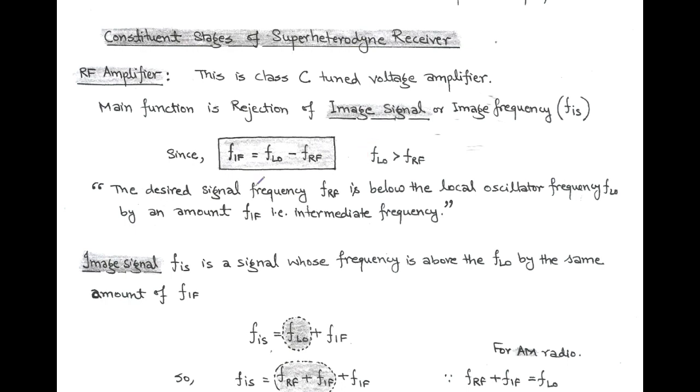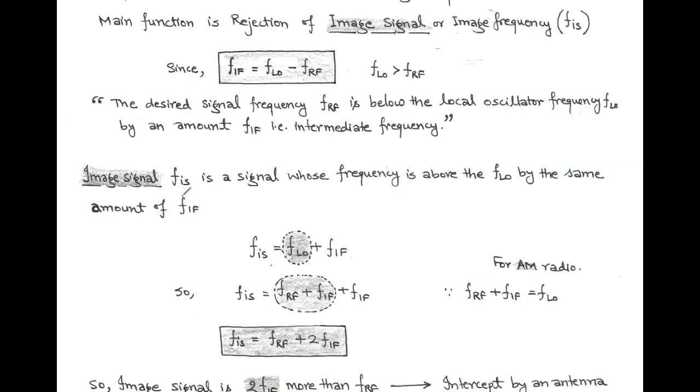Or we can say that the desired frequency, that is the radio frequency, is below the local oscillator frequency by the amount of the intermediate frequency. So the purpose of the RF amplifier in the first stage of the superheterodyne receiver is the rejection of image frequency. So what is called an image frequency? It is denoted by F suffix IS, where IS is called the image signal.